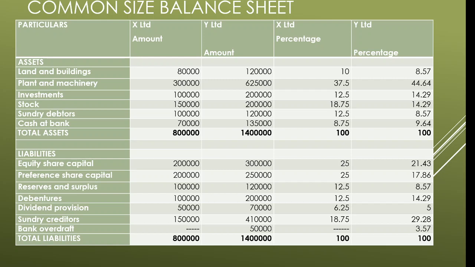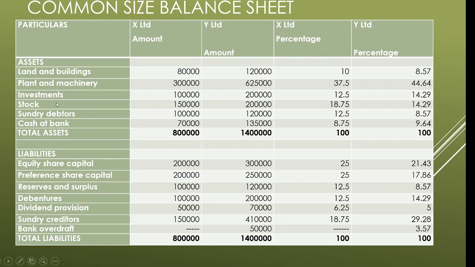Now, what we'll have to do is we'll have to write the information given here. So, we are writing all the assets as well as liabilities and the values of the assets and liabilities. So, land and buildings for X Limited 80,000, for Y Limited 1,20,000, plant and machinery 3 lakh and 6,25,000.